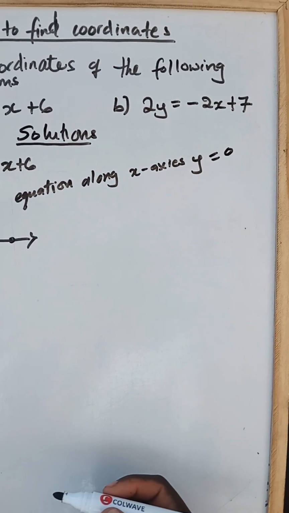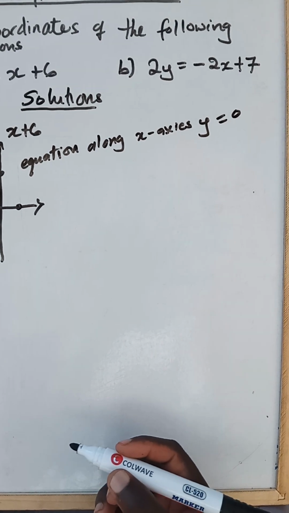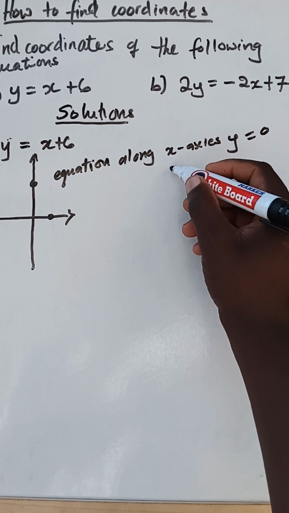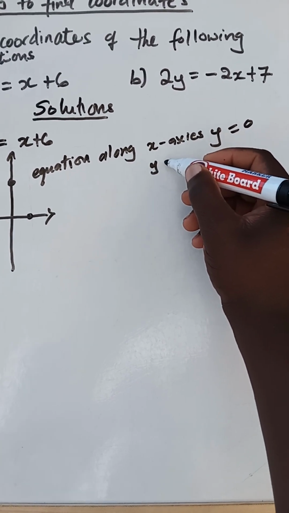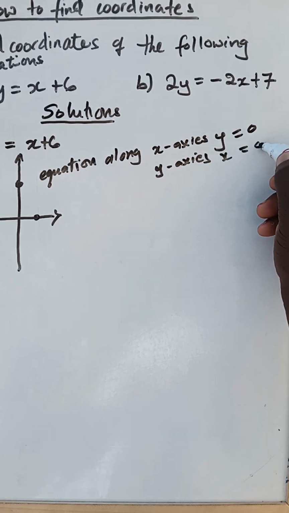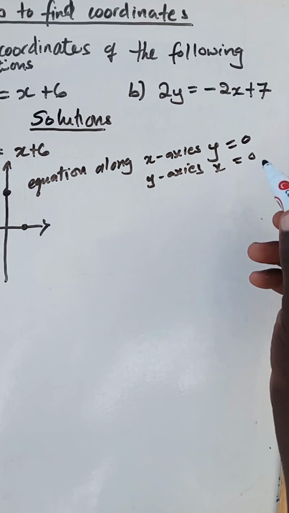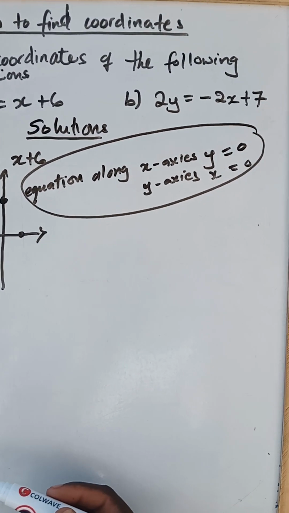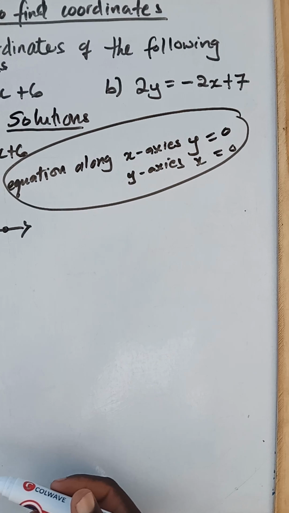0. Equation along x axis, y is 0, and vice versa, which means equation along y axis, x is equal to 0. So I want to base with these theories. This is the base of our solutions.